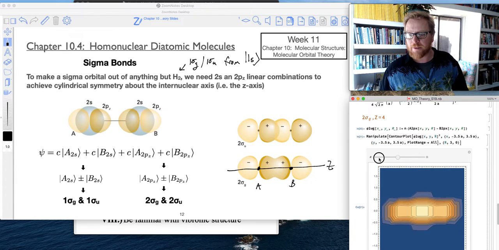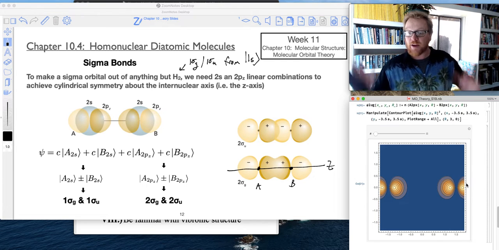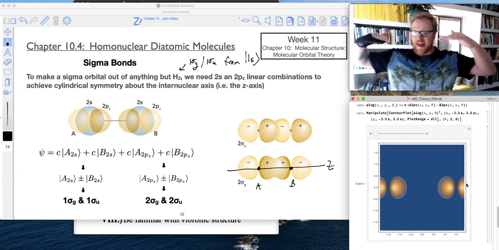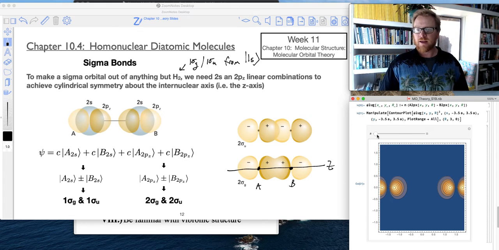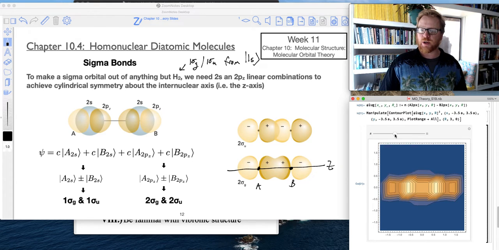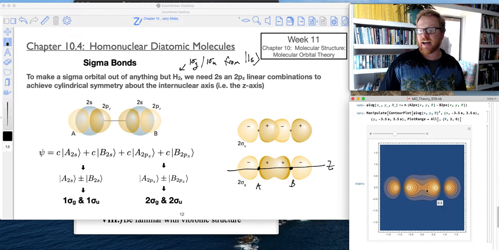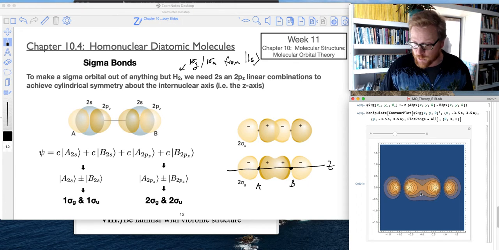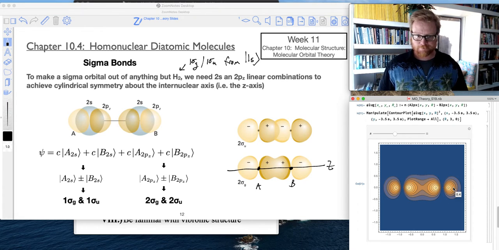Let's see, here we go, right? So here are two p orbitals. You can see in this case, they're oriented on that z-axis. And now, as I get them close to each other, they create this enhanced electron density in the internuclear zone. So that is also a sigma bond. You also notice there's electron density on the outsides right there. And typically, those are where lone pairs can exist, okay?